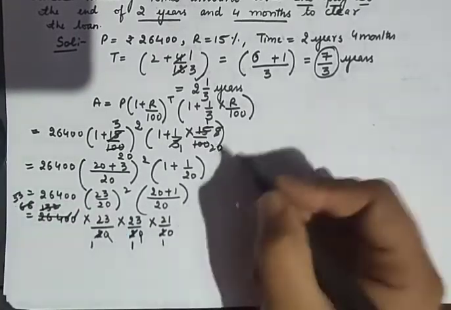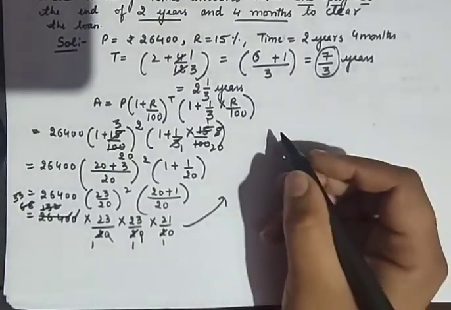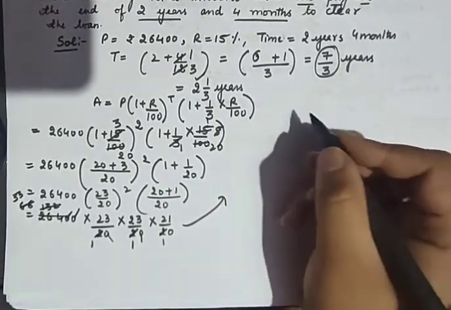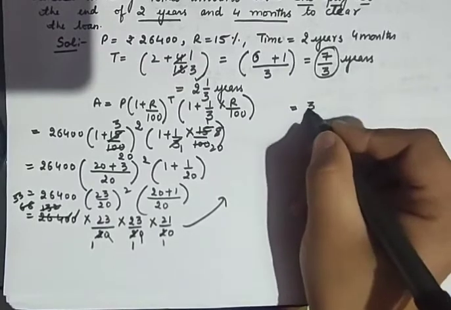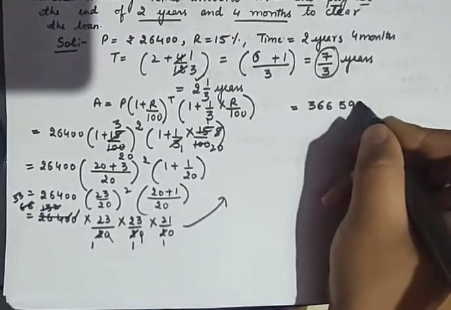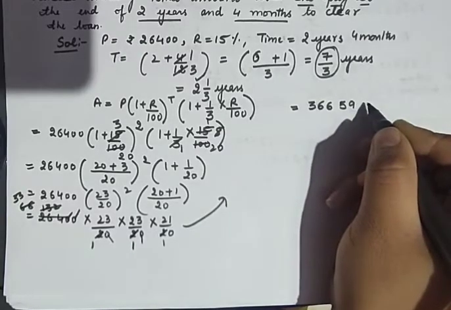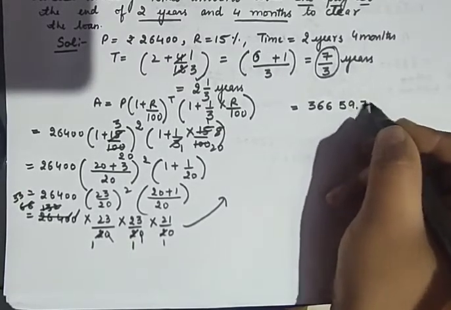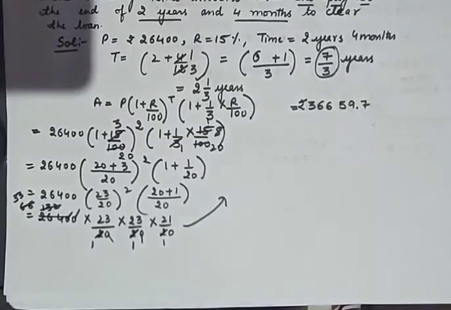So students, how much money am I getting? After multiplying, I will be getting 366597. So I am getting my amount as rupees 36,659.7 here.